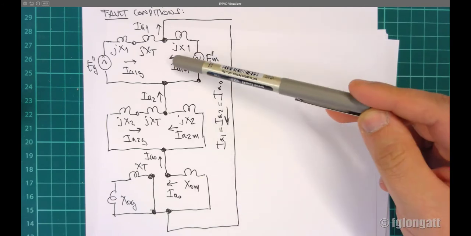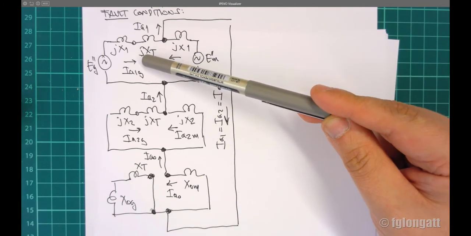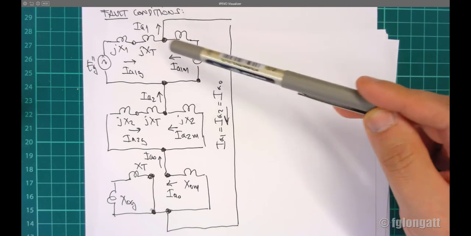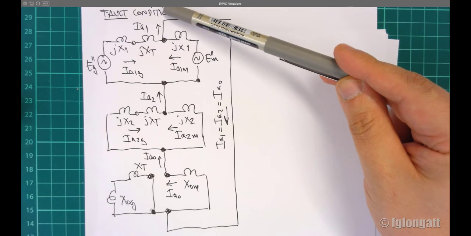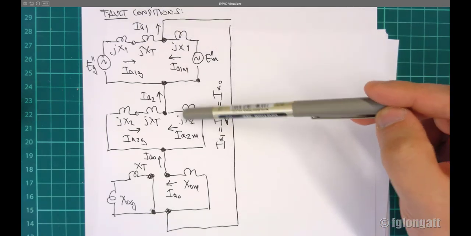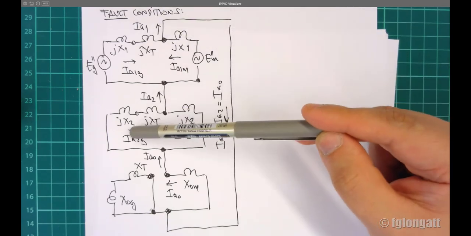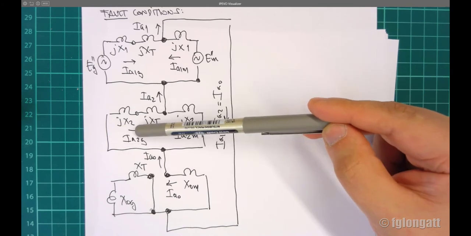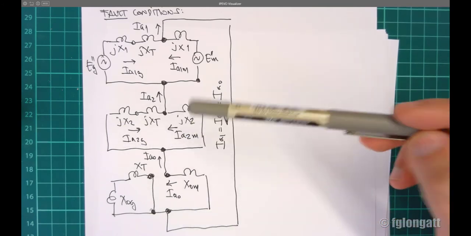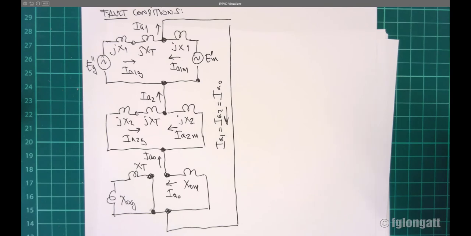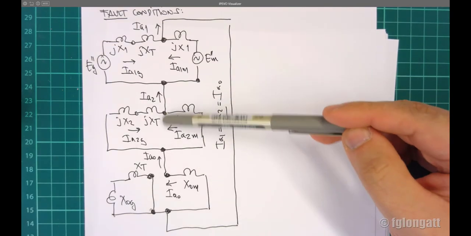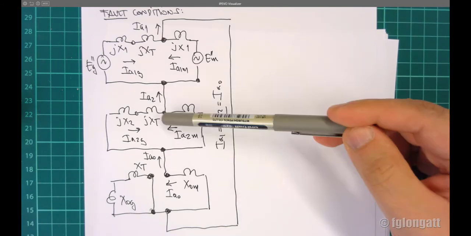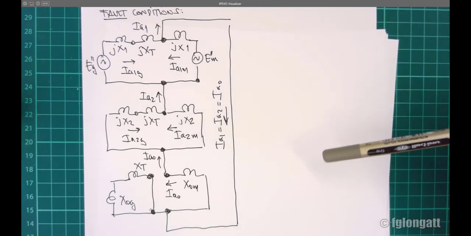What is interesting here is that the contribution coming from the motor, from the generator and the motor, both of them going to the fault point, and from there we have the positive sequence, okay? It's the same happening here. We have a negative sequence contribution coming from the generator, negative sequence contribution coming from the motor, both of them add up and going out, and this is the negative sequence current, okay?